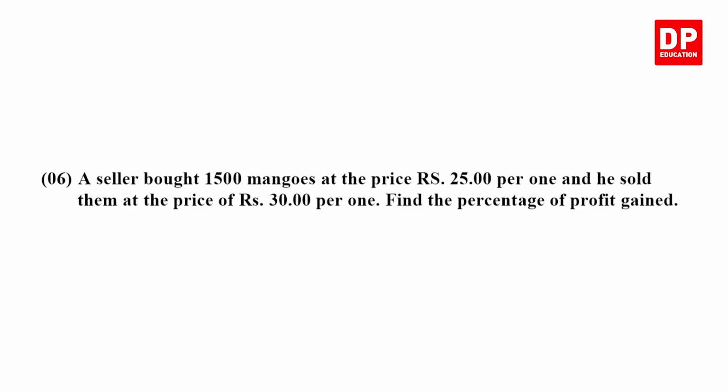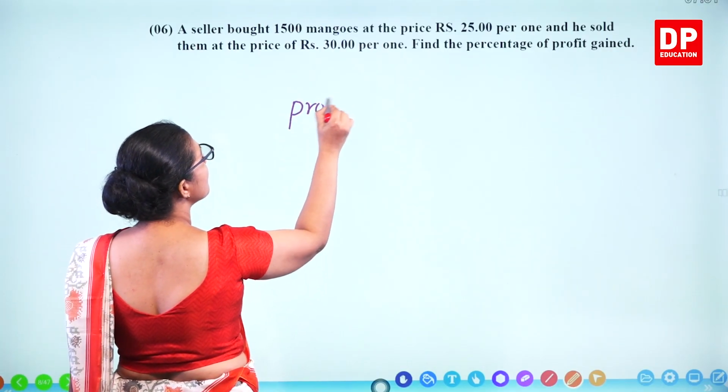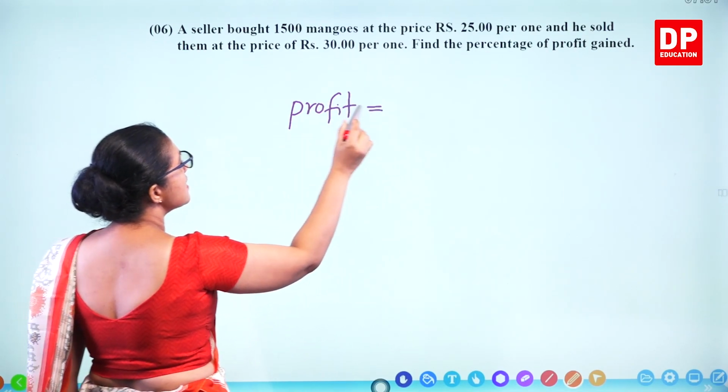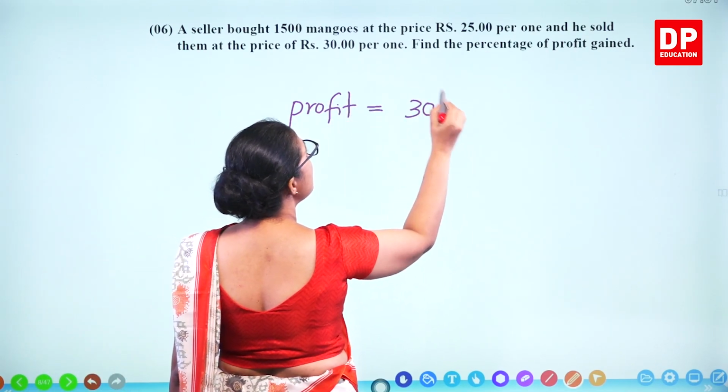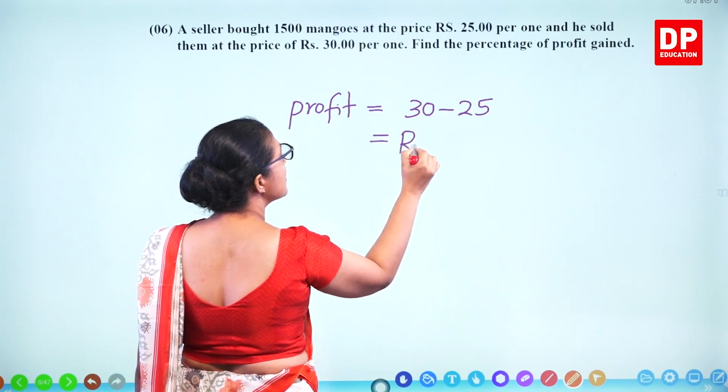Question number 6. A seller bought 1,500 mangoes at the price 25 rupees per one and he sold them at the price of 30 rupees per one. Find the percentage of profit gain. So what's the profit? Profit is selling price 30, buying price 25, 5 rupees.